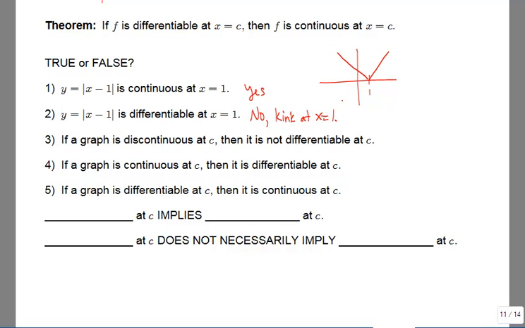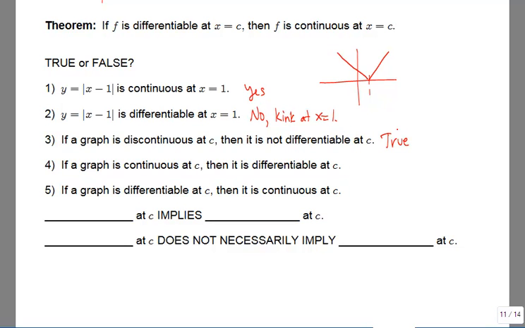Now let's be a little bit more general. Suppose that a graph is discontinuous at c, then it is not differentiable at c. True or false? Well, we know that if you have a discontinuity, then you're not going to have a derivative. So this is true.